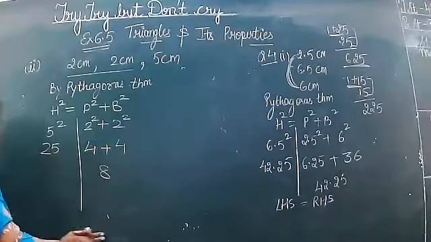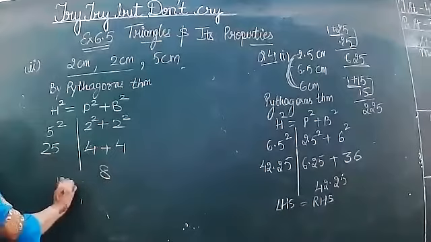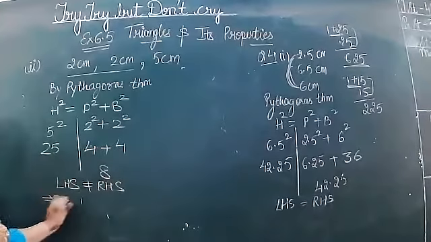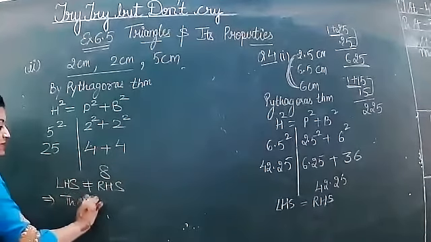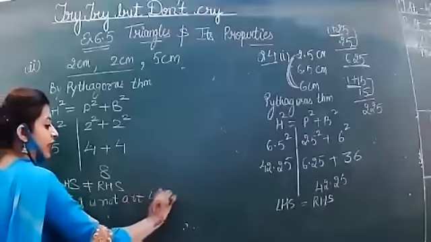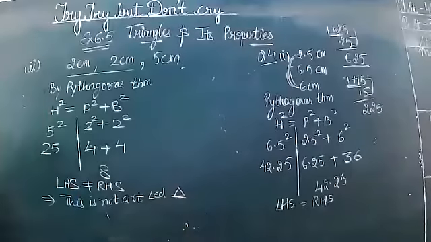Are they equal? So left hand side is not equal to right hand side. This implies this is not a right angled triangle. Got it? Sit down. Is it okay? Any doubt?